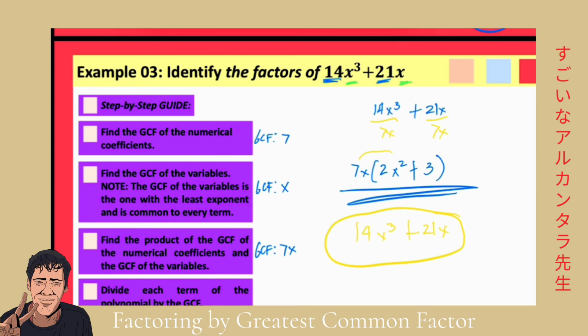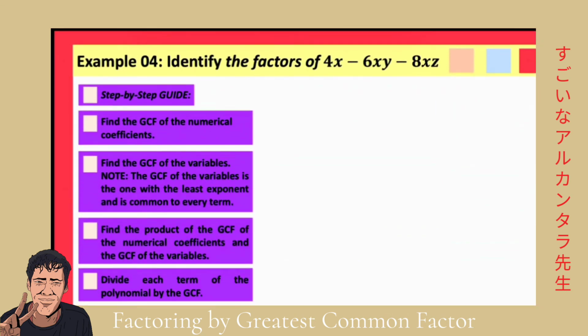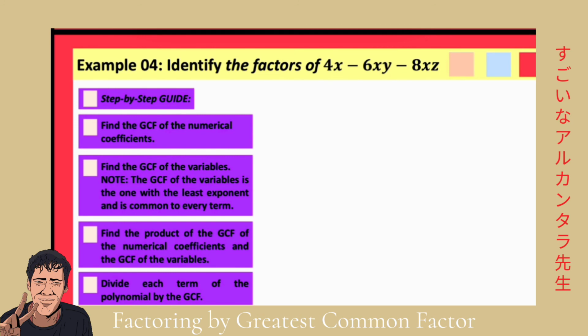Continuing, we can go with our last example for factoring by GCF or GCMF. We have 4x minus 6xy minus 8xz. Same case, let's start with getting the GCF of the numerical coefficients: 4, -6, -8.